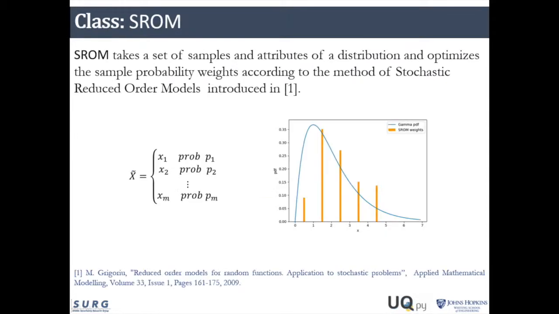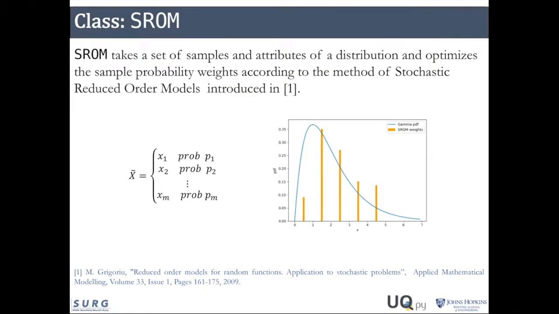So the SROM class generates a reduced order model for random variables or random vectors. As you can see here, the SROM class needs a set of samples and attributes of the distribution, and it generates probability weights associated with each sample.